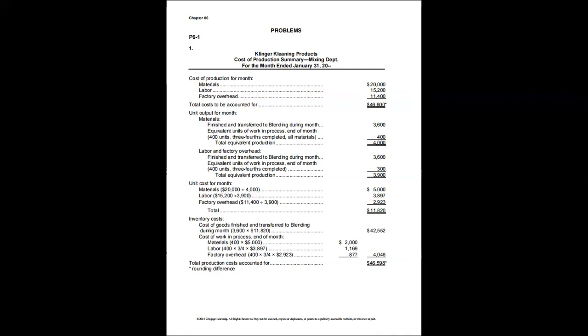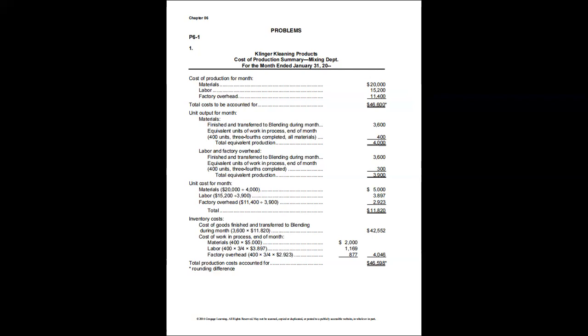But for the materials, the equivalent production of the materials in the work in process at the end is full or complete up to 400 units in the ending inventory because as stated, all materials are added at the start of the process.